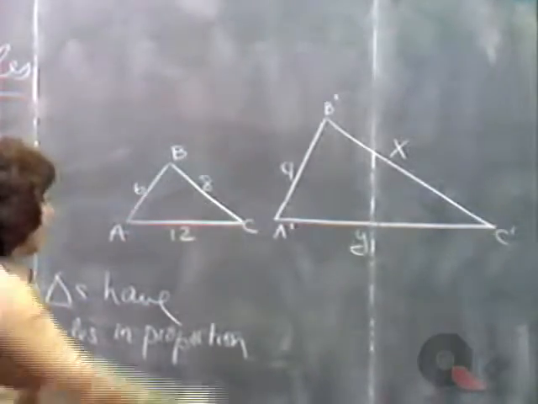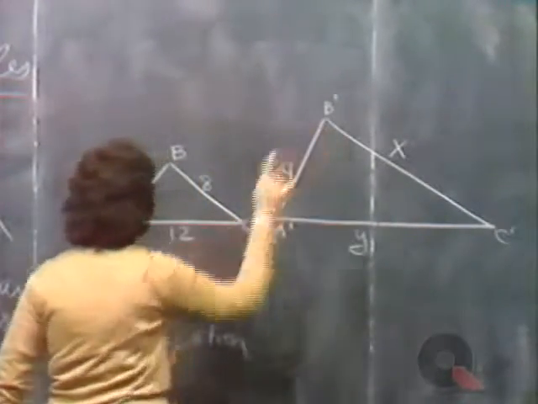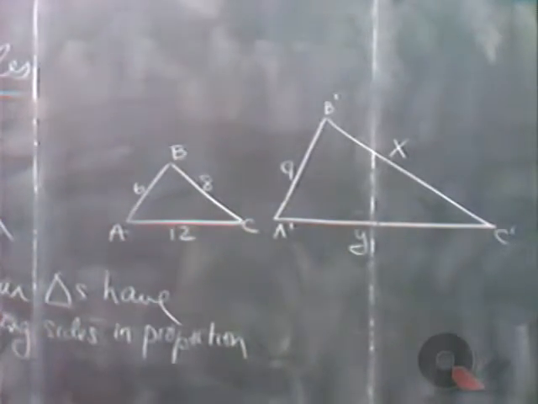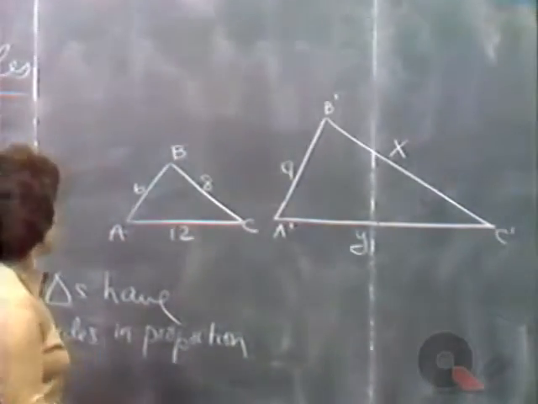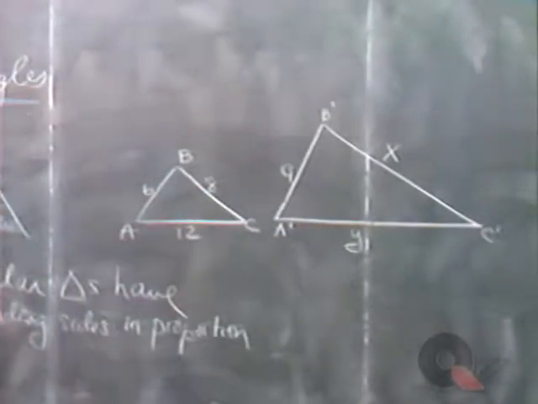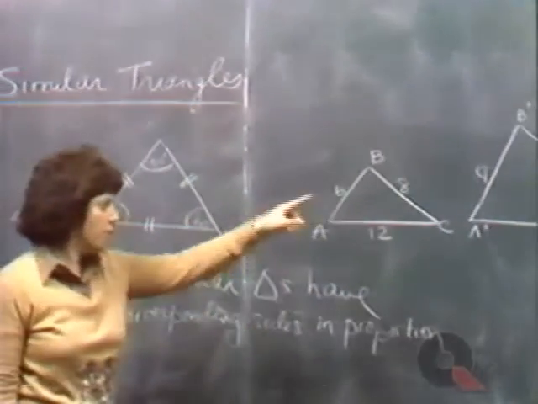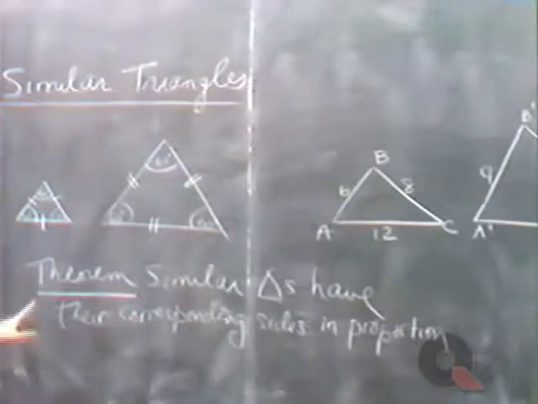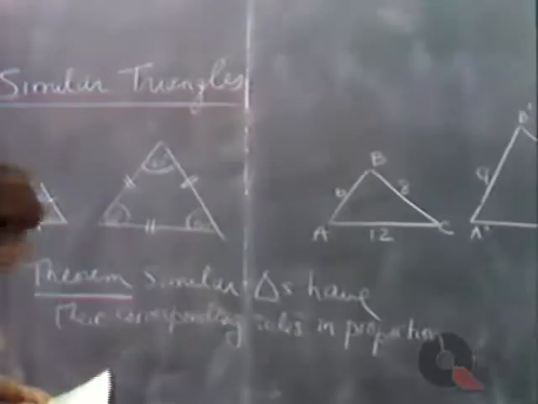Now, angle B is equal to angle B prime, so AC and A prime, C prime are considered corresponding sides. And the same thing for BC and B prime, C prime. Using this, we can set up proportions to find the unknowns here, namely x and y. Once again, similar triangles have their corresponding sides in proportion.